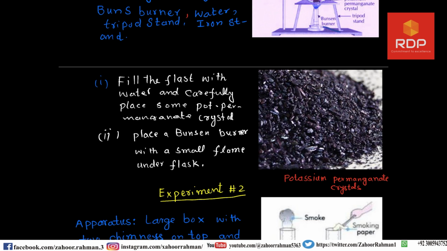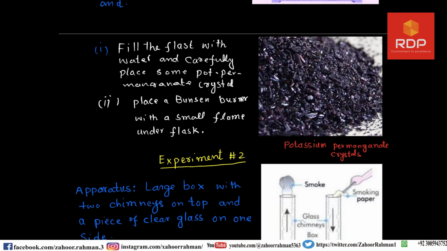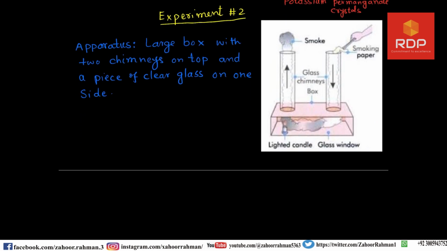But before that, let us perform the second experiment, and that is experiment number 2. The first experiment was dealing with convection in liquid. The second one is dealing with convection in air, that is in gases. The apparatus we need for this experiment is a large box with two chimneys.